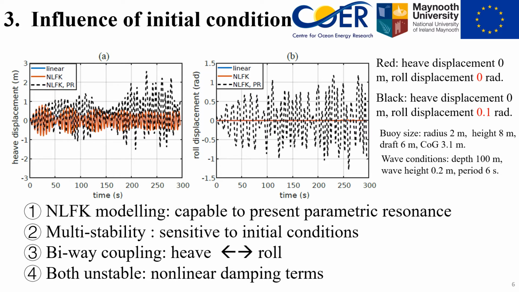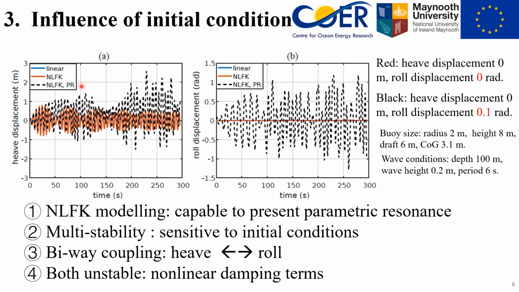This figure shows the influence of initial conditions on parametric resonance. In A, the heave displacement is shown. In B, the roll displacement is shown. The red curve represents the results without parametric resonance. The initial heave and the roll displacements are zero.